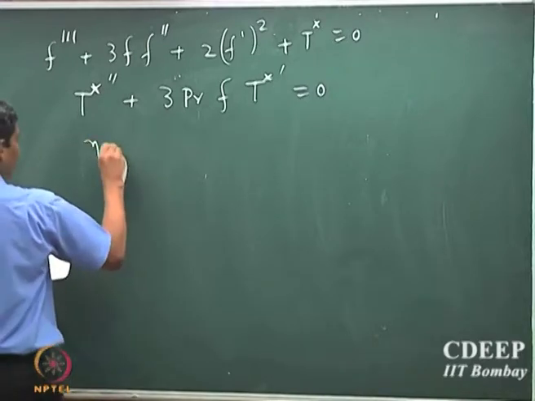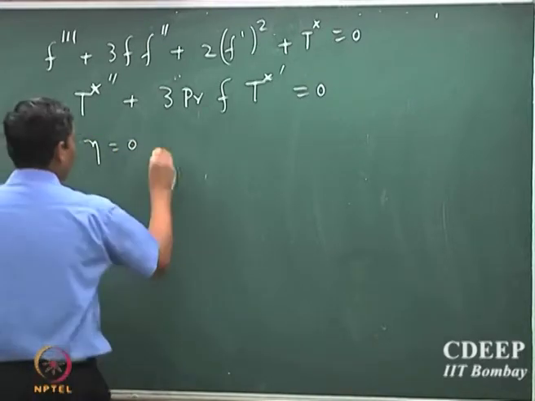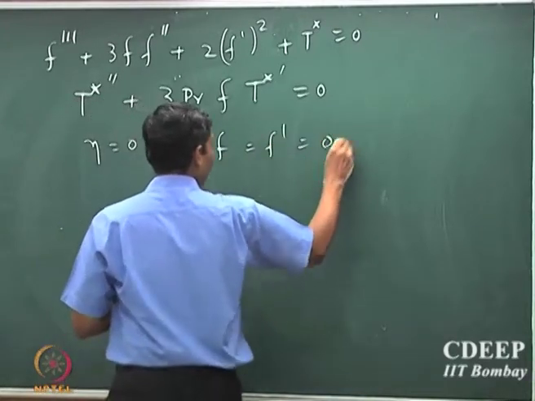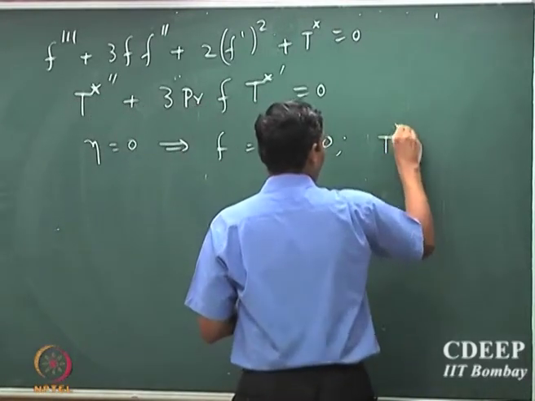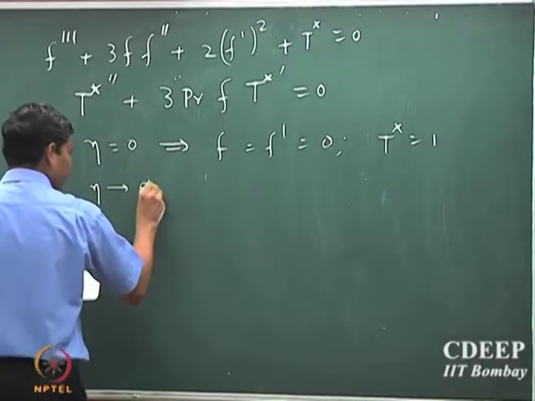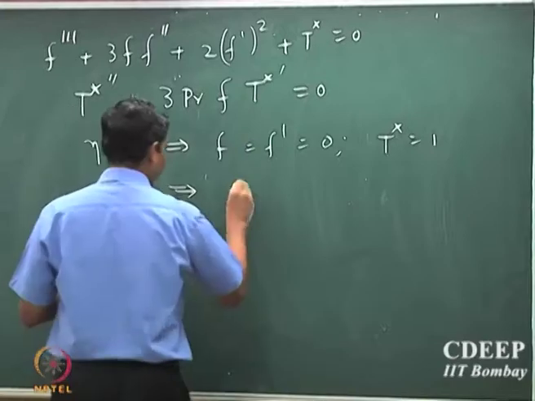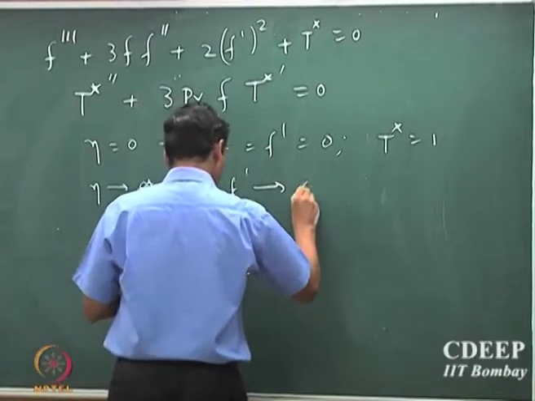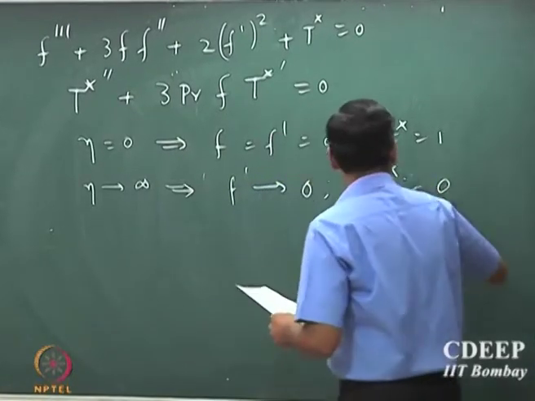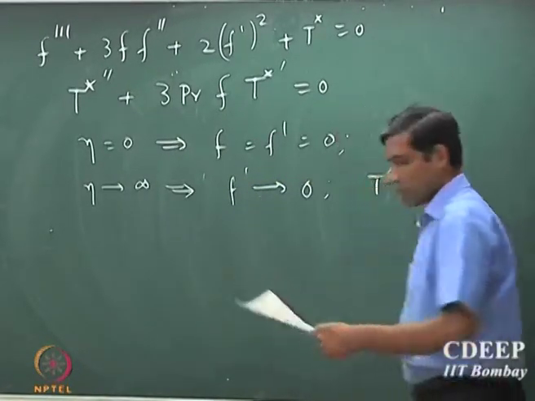And the boundary conditions would be: when eta is 0, f equal to f prime equal to 0 and t star equal to 1, and as eta goes to infinity, f prime tends to 0 and t star tends to 0. Okay.